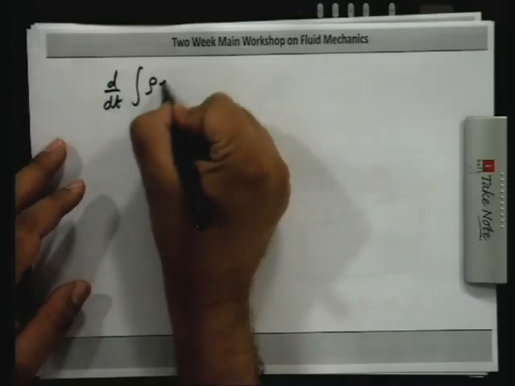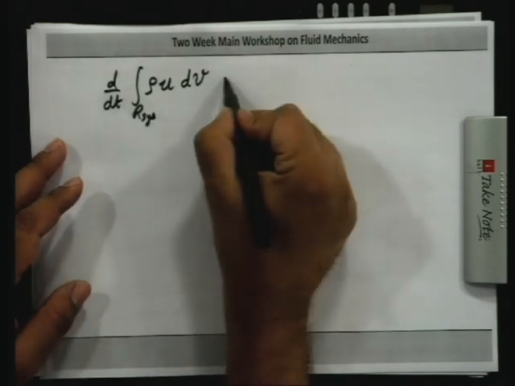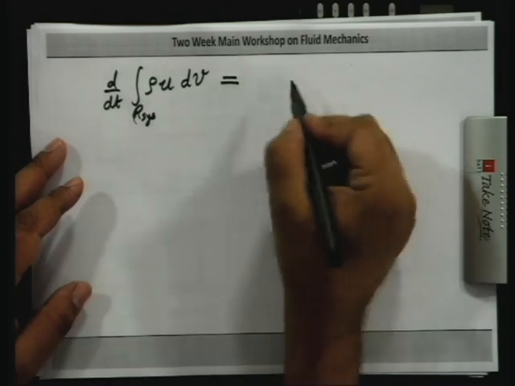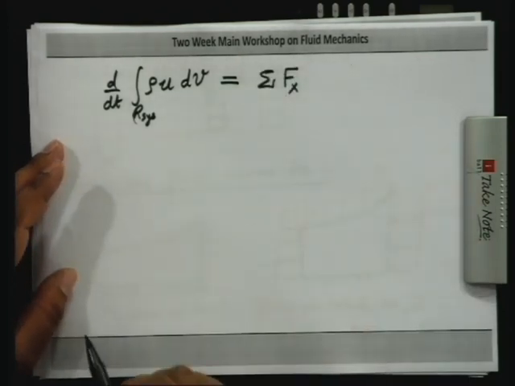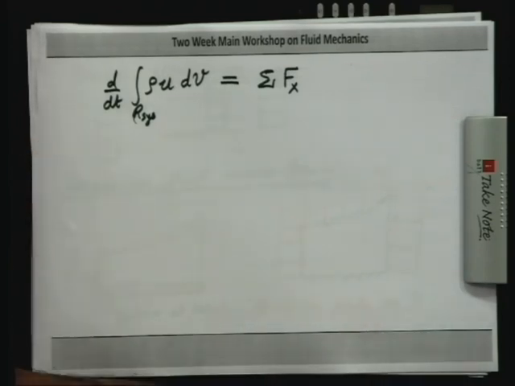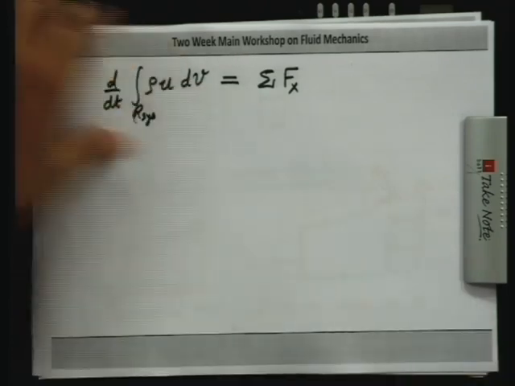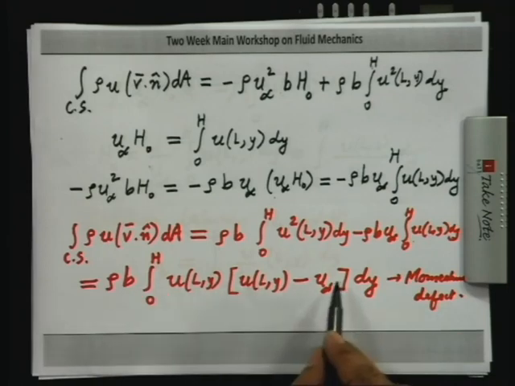So, let me just write down the final equation. You had d/dt of the integral of rho u dv over the system, the integral over the system region, is the sum of forces in the x direction. So, this we had found as what we call the momentum defect, which is this quantity.